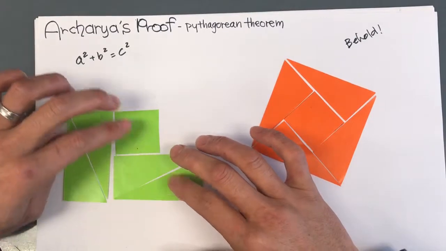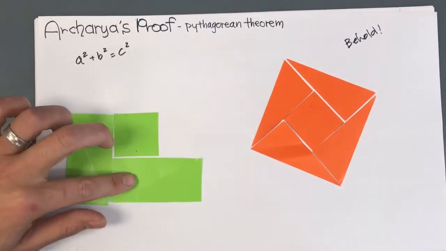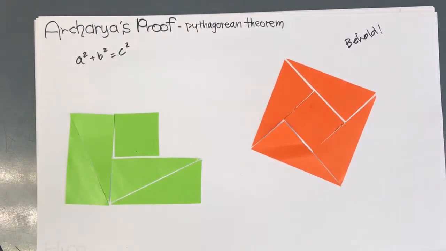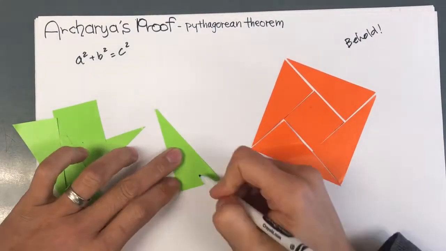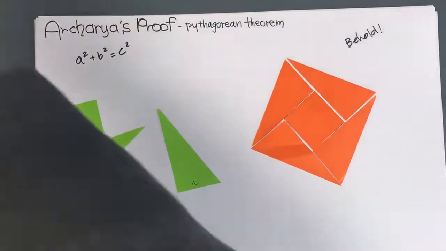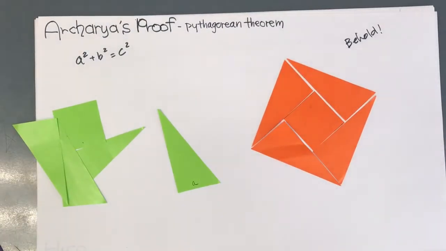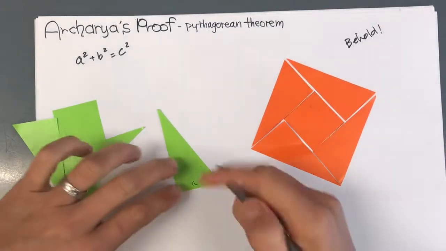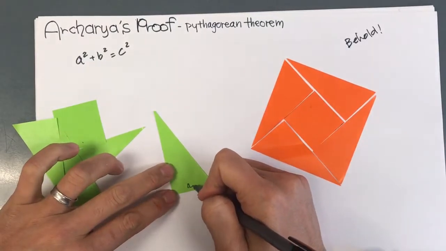Let's take a look at this guy first. This short side of the triangle, let's call that A inches or A whatever.